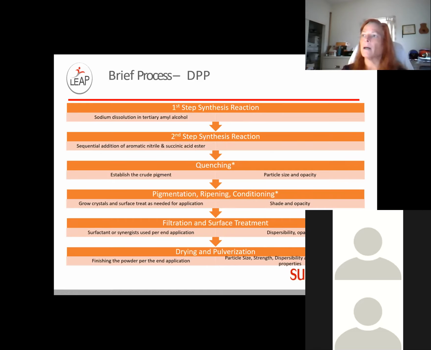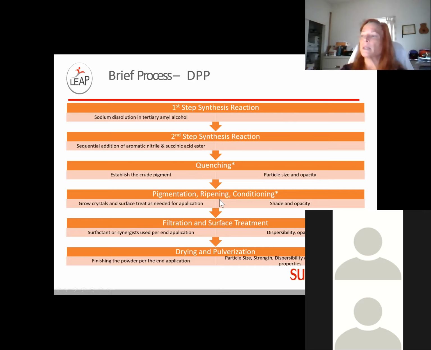Following that is where the addition of the aromatic units is used to create the particular color index that we are looking for. Following this is the quenching. Again, that establishes that final crude pigment that will then go on to make the final pigment. And this particular step is very important in establishing the particle size and the opacity of the final pigment.